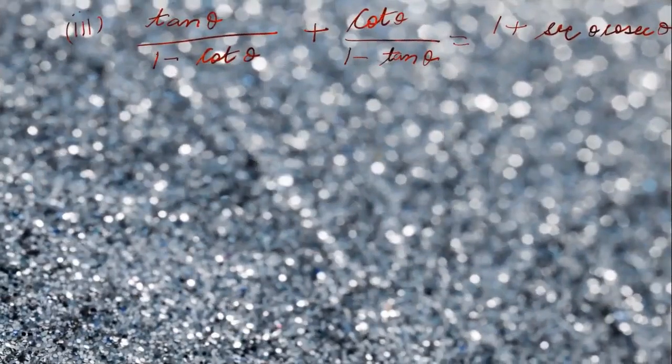Now the third part is tan theta upon (1 minus cot theta) plus cot theta upon (1 minus tan theta). Okay, so here tan theta, you know what is tan theta?